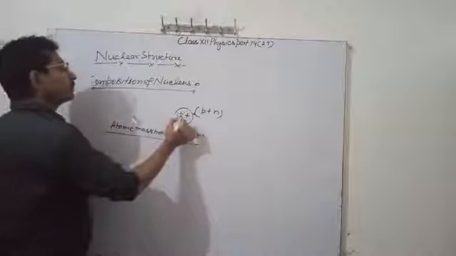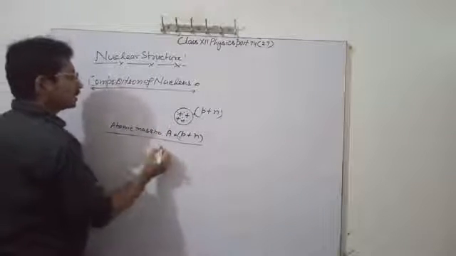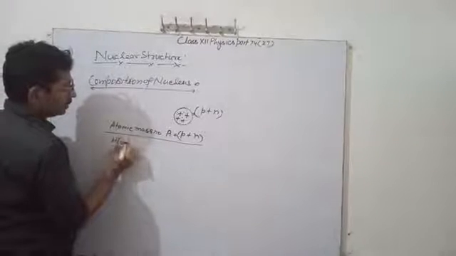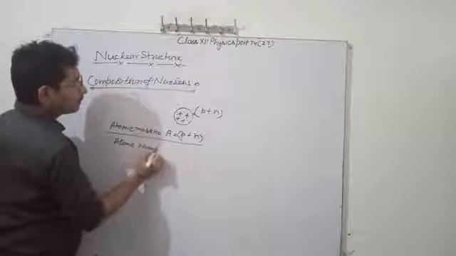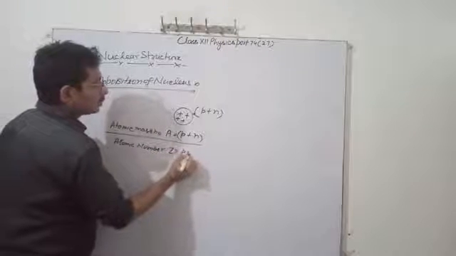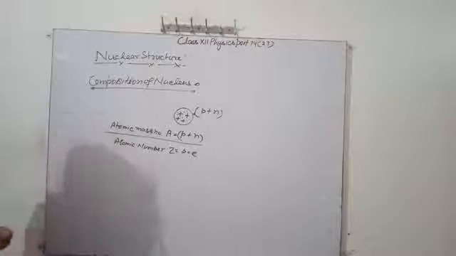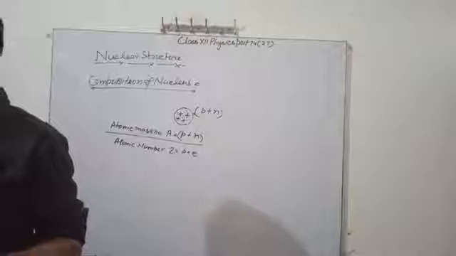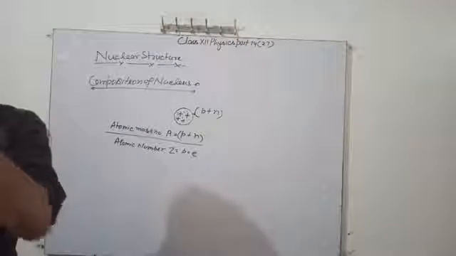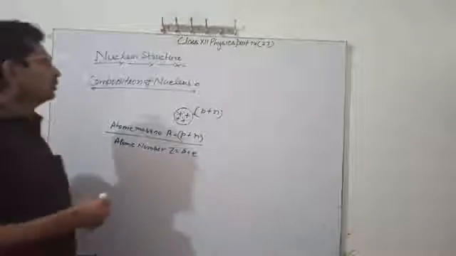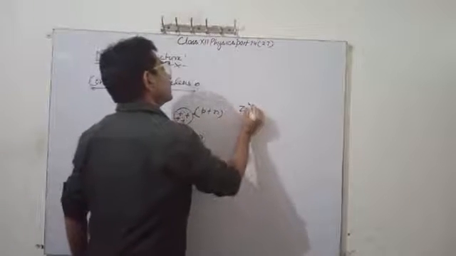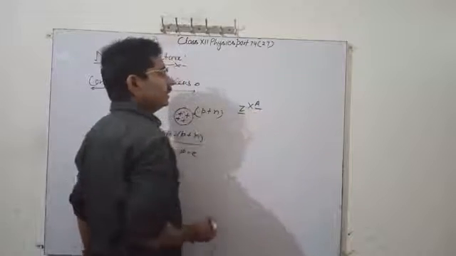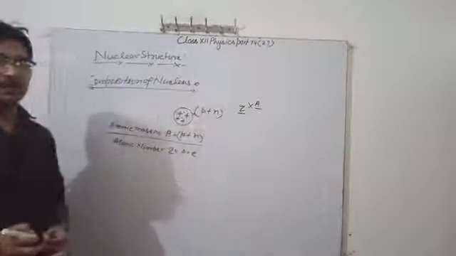The protons, which provide the positive charge, are represented by Z, known as the atomic number. Z equals the number of protons, which equals the number of electrons in the atom. For any element X, written with Z and A, Z is the atomic number and A is the atomic mass number.